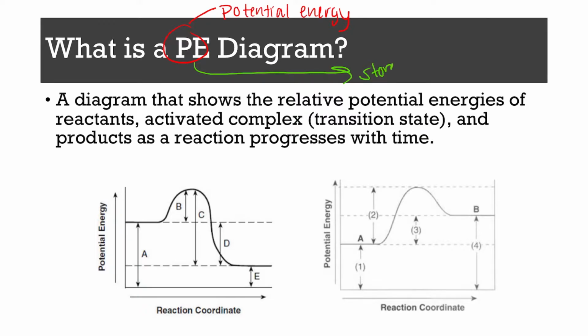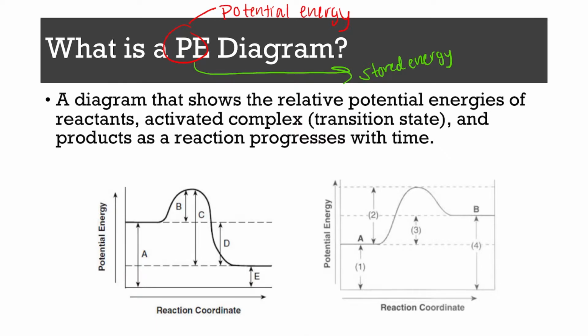This is stored energy. When we talk about kinetic energy, we talk about energy of movement. When we're talking about potential energy, it's stored energy. If you think of it like, hey, we see a lot of potential in you, you have the ability to do a lot of things, you just might not have done it yet. So potential energy is stored energy.